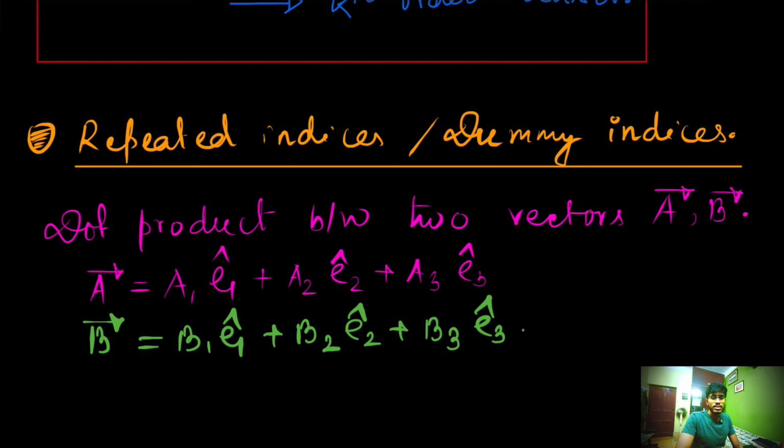I suggest you be acquainted with these E1, E2, E3 cap notations, because in the advanced books of fluid mechanics, heat transfer and other fluid thermal engineering books, you will see this kind of notation instead of I, J and K. I, J and K cap are generally used in mechanics.